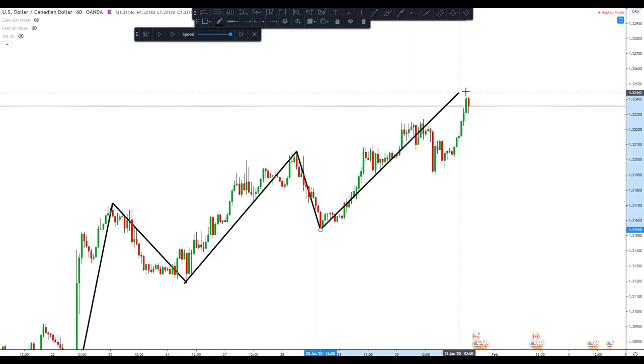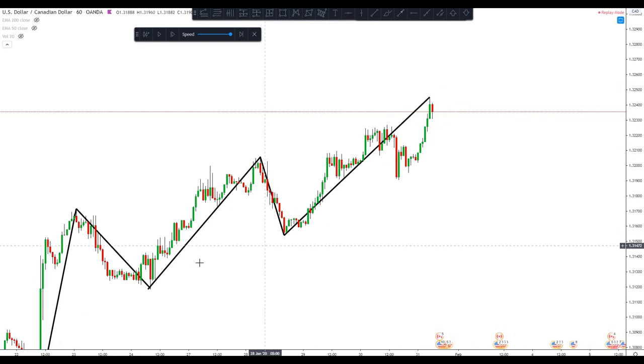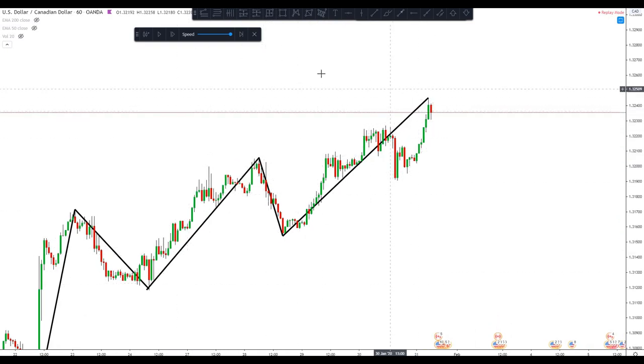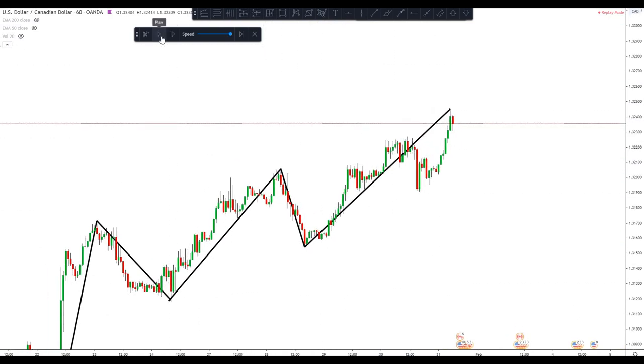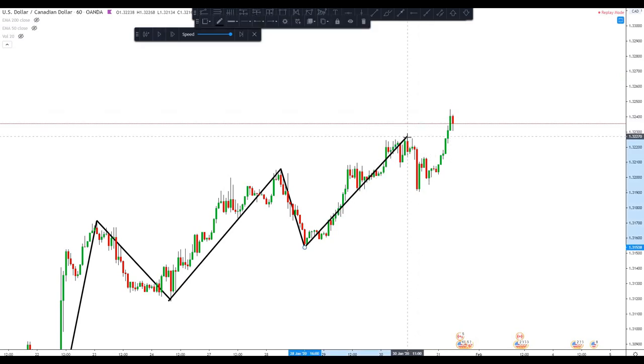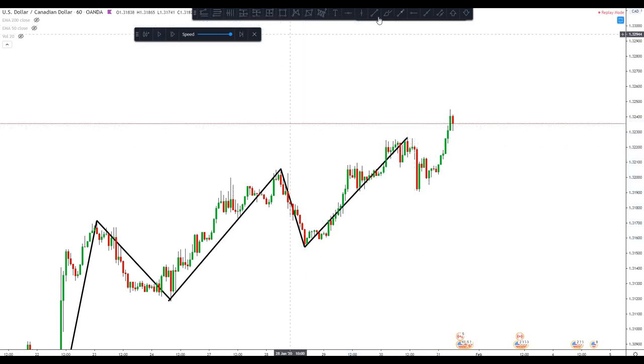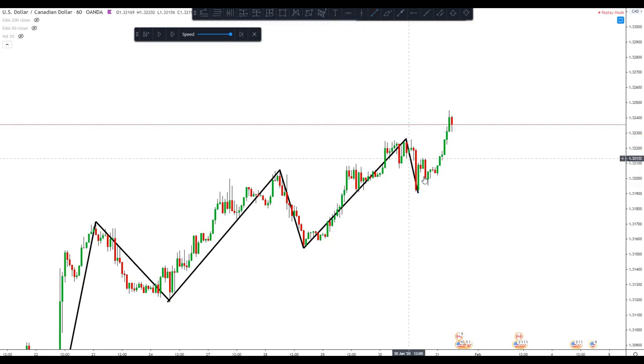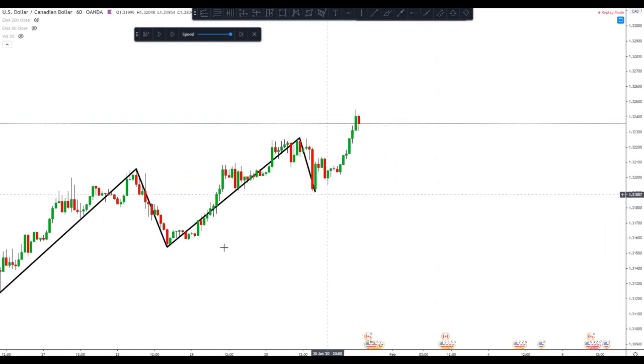Let's mark it out. We now have our new high. Actually, it would look something like this, because we have to have the clearest highs and lows, and that is a very clear high, very clear low. So our new higher high would be right here.